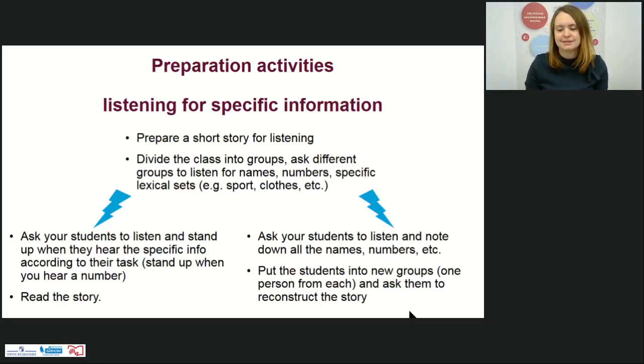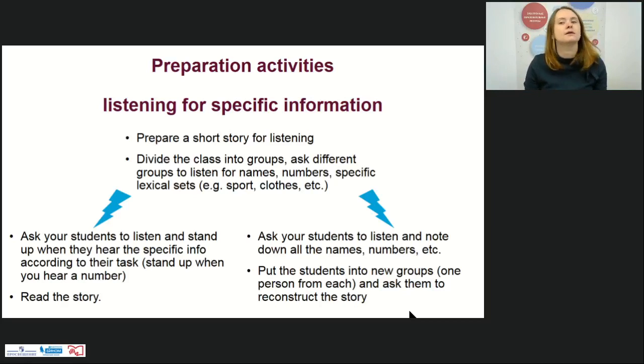And most kids still have very well-developed kinesthetic skills, so it works for them. As a follow-up for this activity, you can ask them to remember the story in their groups. You can ask them to take notes of the words they hear, again, within the certain context. And they might even try to reconstruct the story.